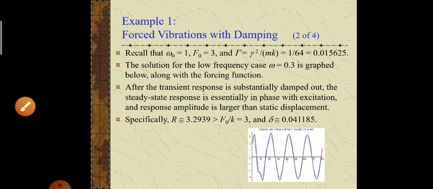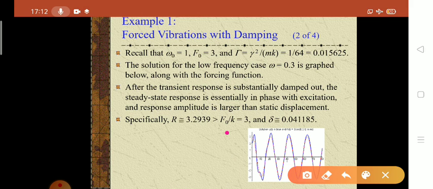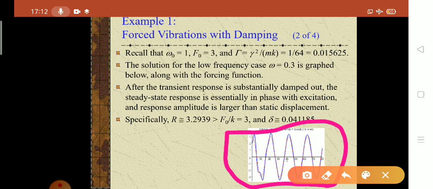Recall the value of omega 0 is equal to 1, F0 is equal to 3 and zeta is equal to 1 upon 64, right? If we take these three values, the solution for the low frequency case omega is equal to 0.3 is graphed below, right? So this graph is generated for omega equal to 0.3.